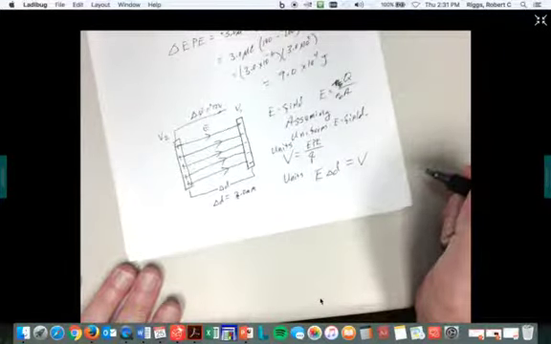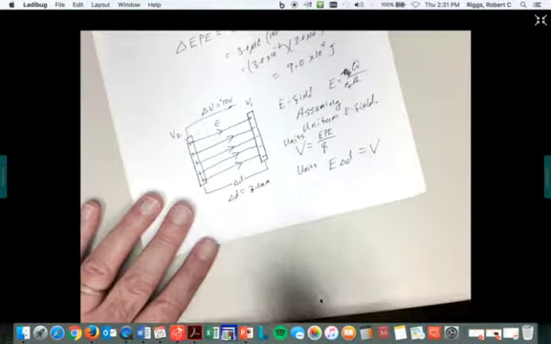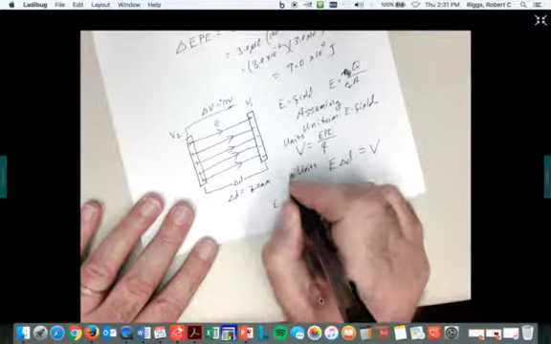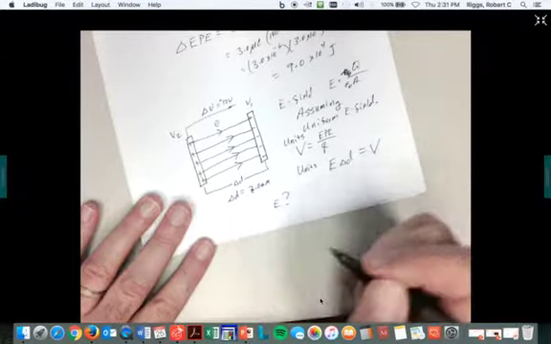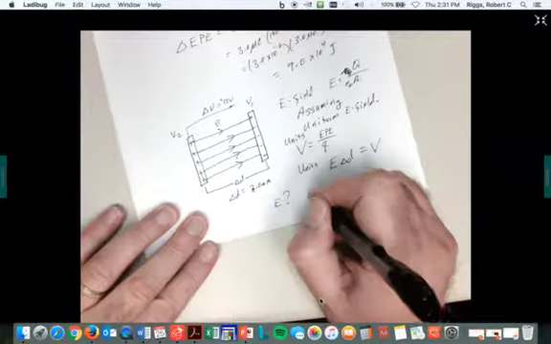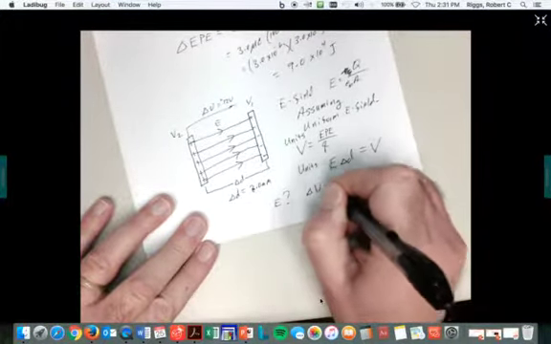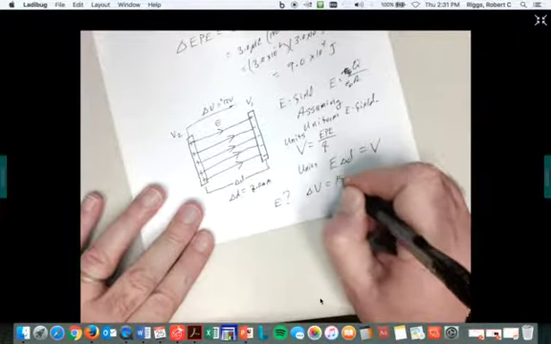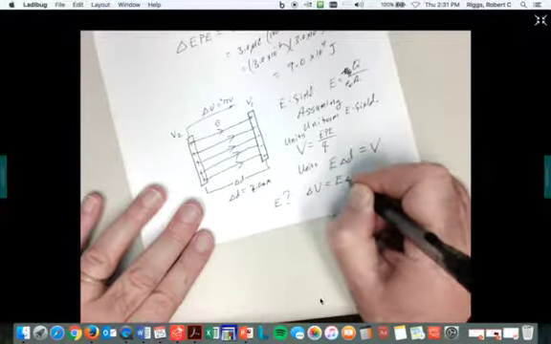This equals V. So let's figure out, what is the E field here? It's 3 millimeters across, and I've got a voltage of positive 12 volts. So my change in voltage is equal to the uniform electric field times the change in distance.